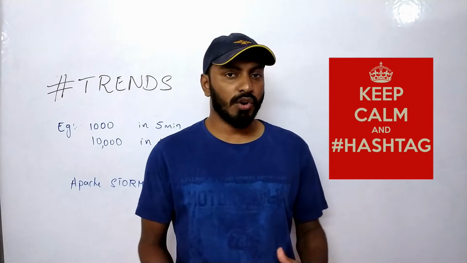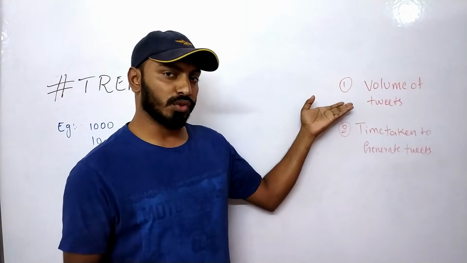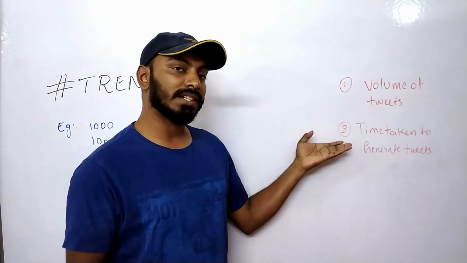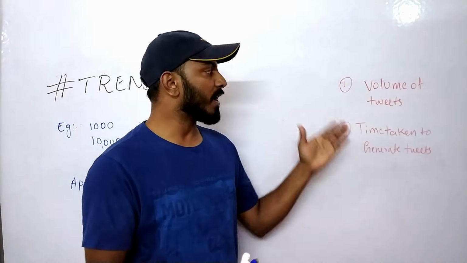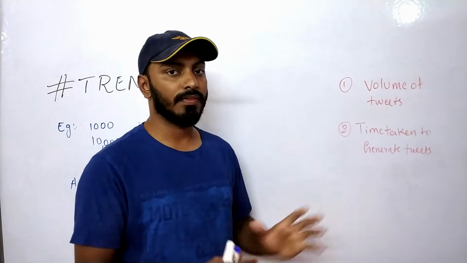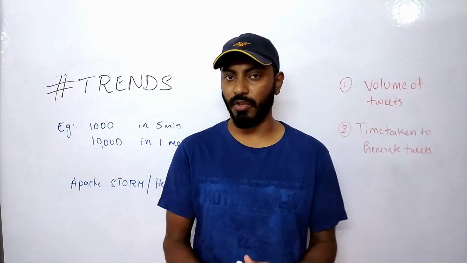So let's learn how Twitter trends are calculated. Twitter considers the volume of the tweets and also the time taken to generate that particular volume of tweets. Based on this data, they determine whether a particular hashtag is trending or not.